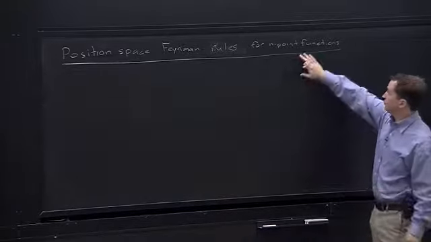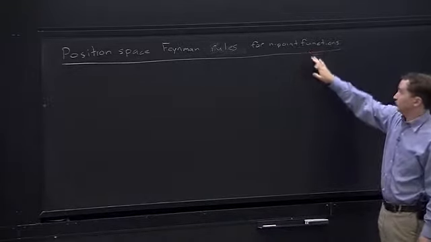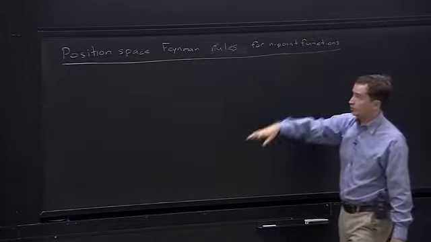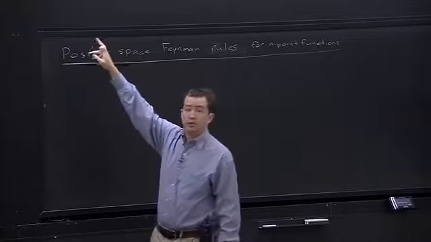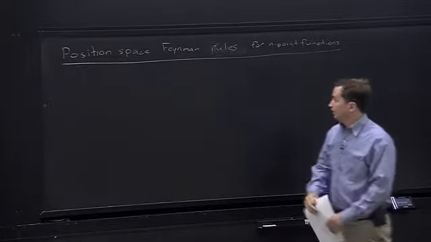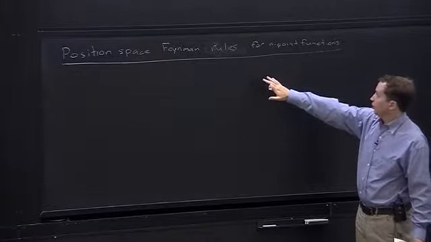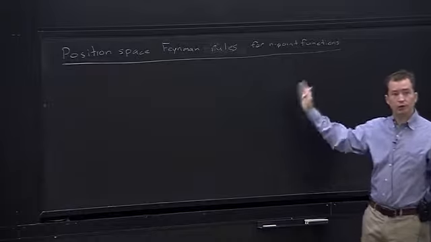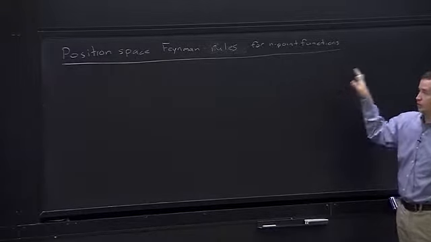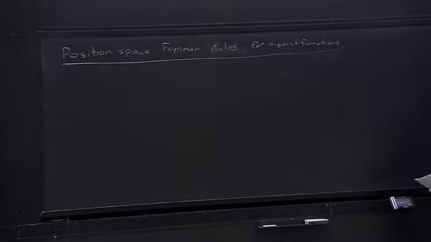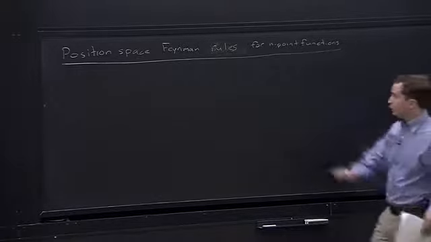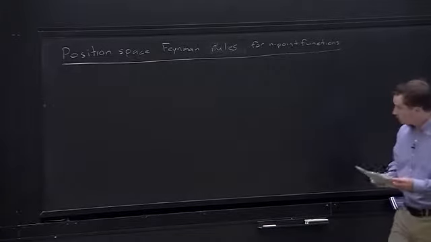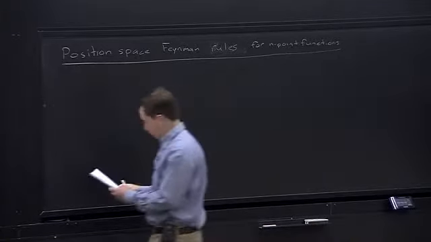And we might be interested in several different quantities in field theory, so the simplest thing we might be interested in are position space correlation functions like G of x1 and x2. And the Feynman rules for the different quantities we're interested in will be slightly different, will be related, but we'll discuss several different versions of the Feynman rules over the course of the lecture. So it's important to have them distinguished in your mind.